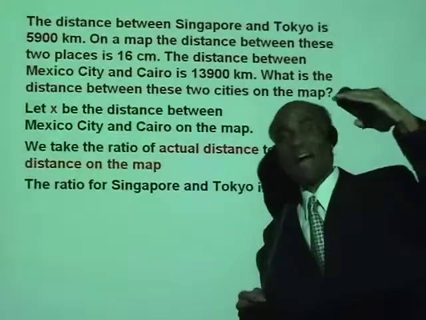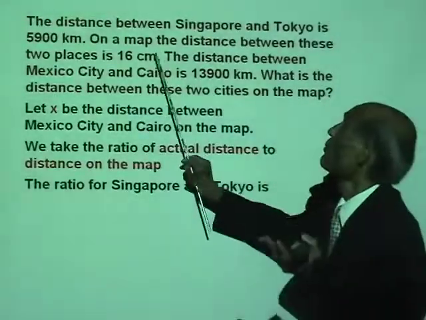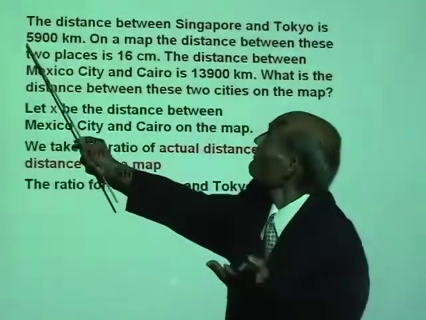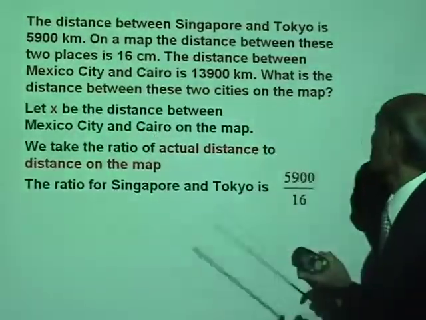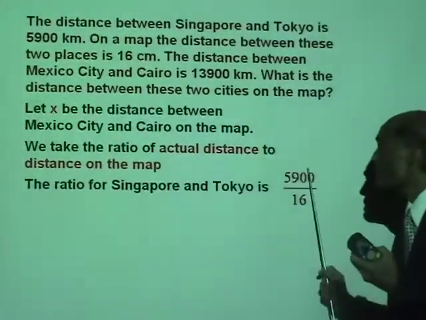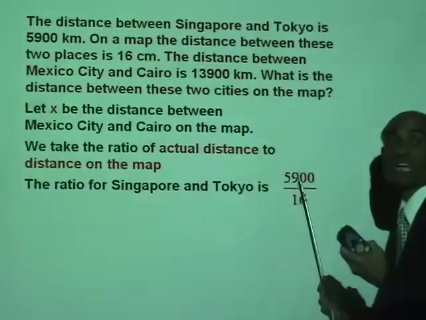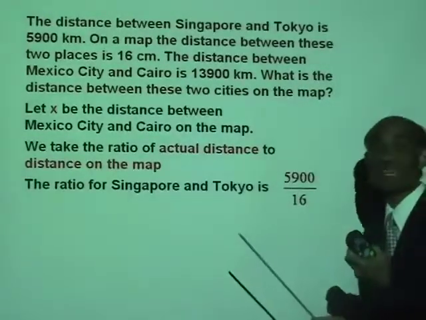Ratio of actual distance to the distance on the map will be 5,900 divided by 16. You see that? A distance of 5,900 kilometers is represented on the map by 16 centimeters.